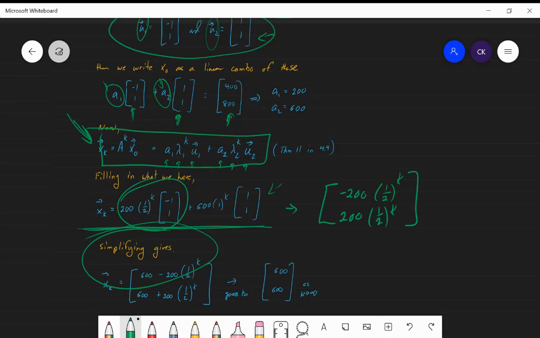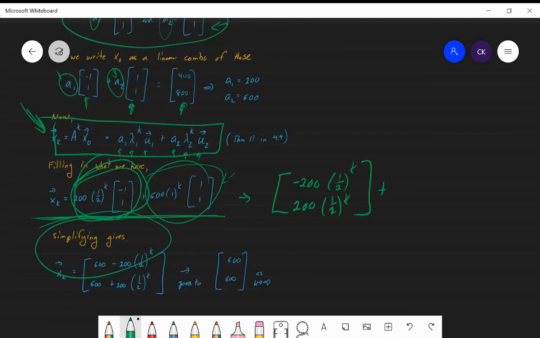So that would be the first vector here. Then we need to add to that the result of combining this together into a vector, which would be 600 (1)^k and 600 (1)^k.